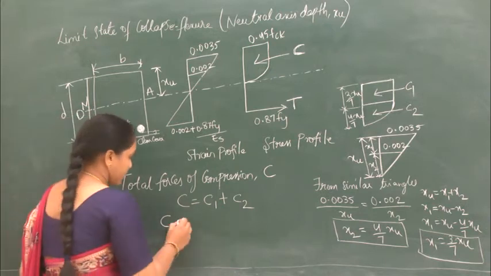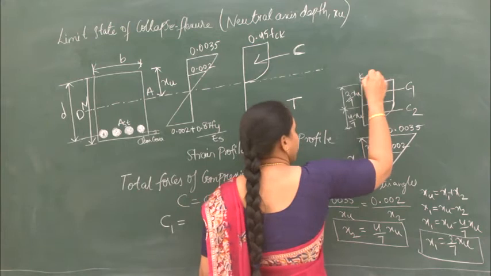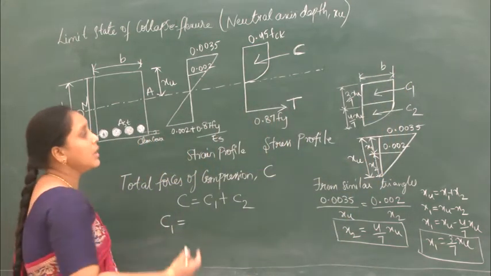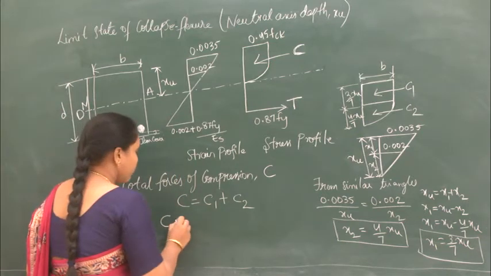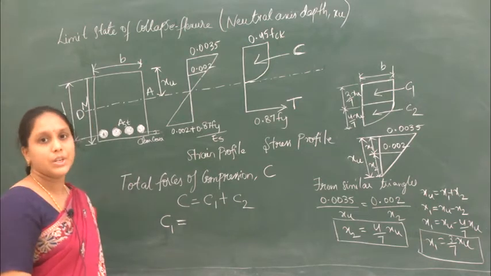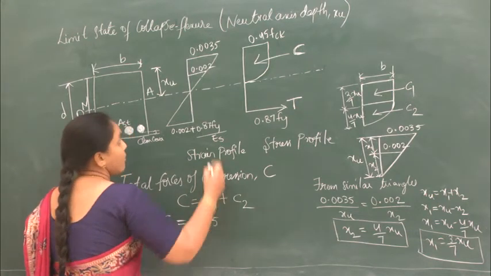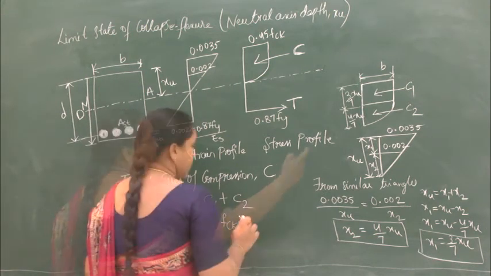Now find the compressive force. C1 is the compressive force. Force is stress into area. What is the stress here? It is 0.45 fck into the area.